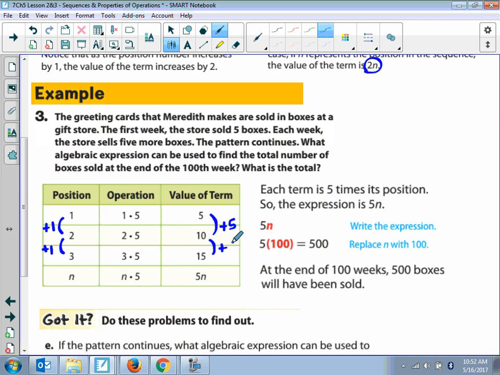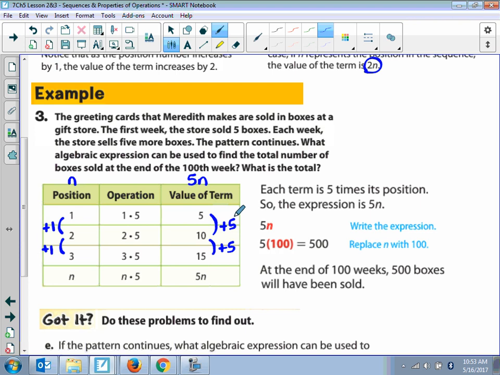So what's my delta y over delta x? 5 over 1, right? So, or 5. And then look at what's happening. We're going to multiply times that 5. Is everybody with me? So you're going to multiply the position number, or the n, times the delta y over delta x, which is 5, and that's going to give us the value of the term.